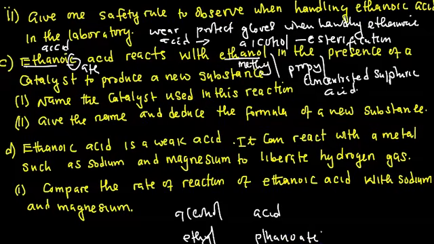You remove -ic and you add -ate. So this one is going to be methanoate. And therefore the name of the product produced here is going to be ethyl ethanoate. So take note of this.